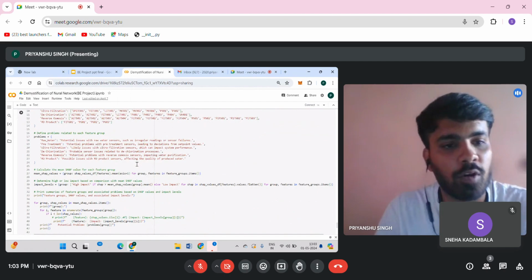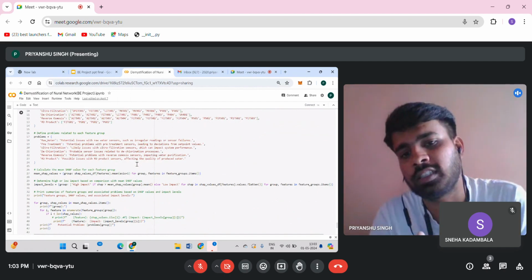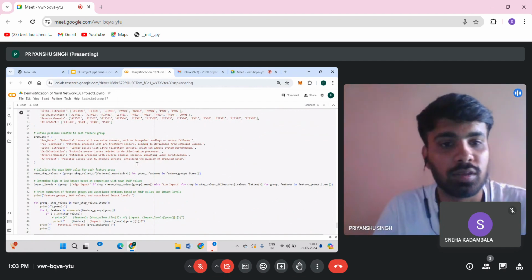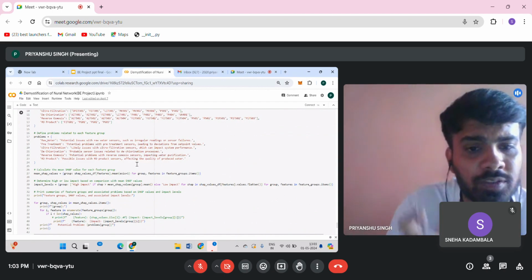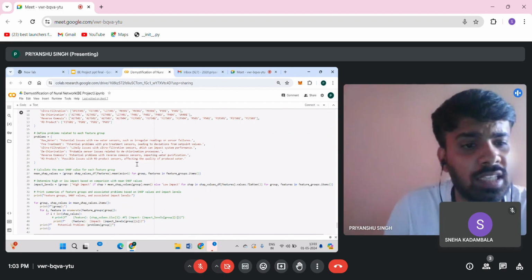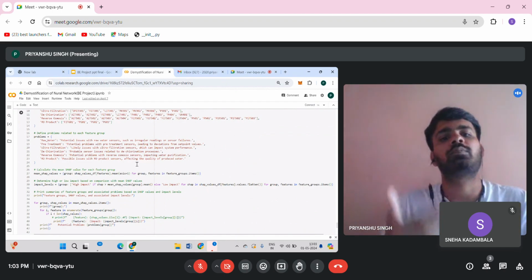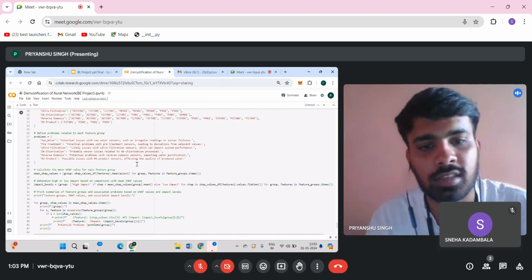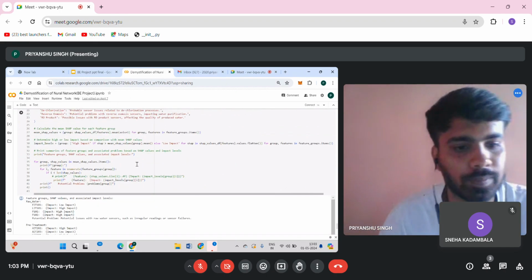Here we have also defined in the dictionary what kind of problems the sensors can face. If the average value of that particular class is greater than the threshold value, then this dictionary will be triggered and it will display what the problems are and which sensor is facing them.